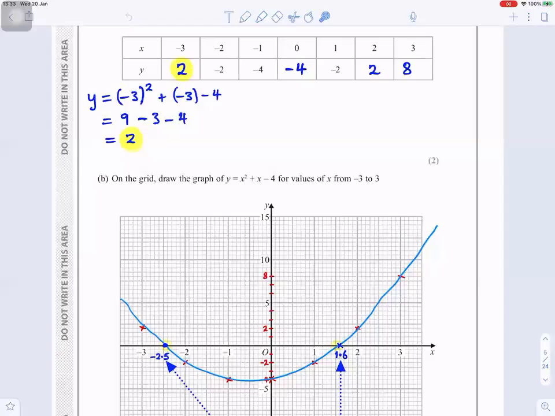So this is how we plot the graph. Minus 3 and 2, they meet there. Minus 2 and minus 2, they meet here.